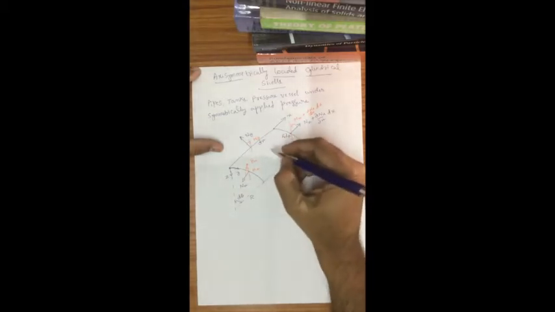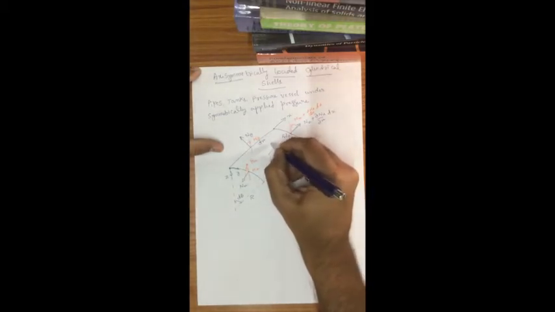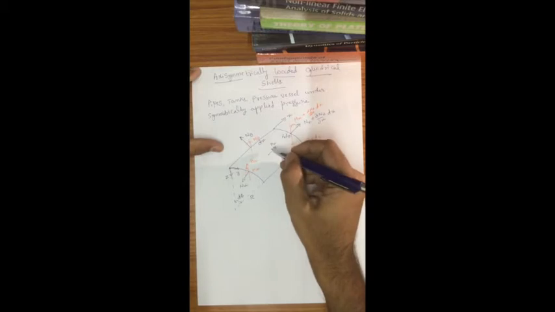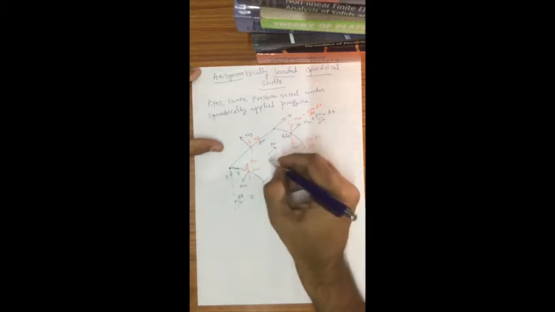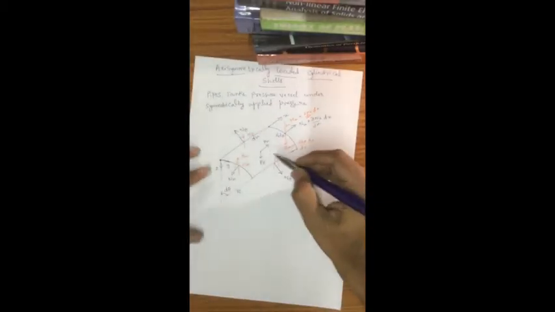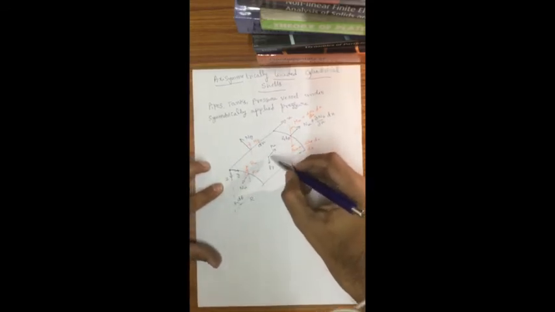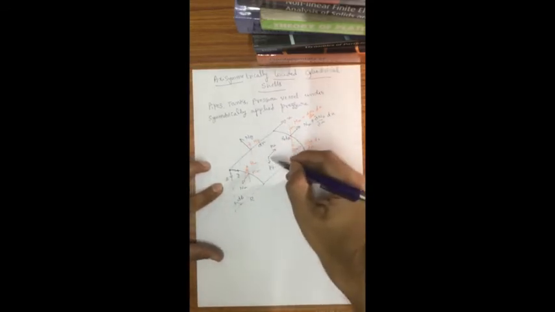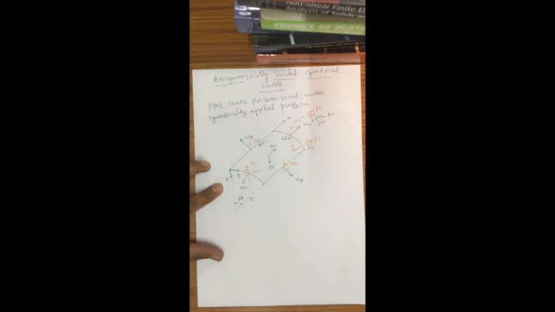Now let us assume that we have some pressure applied along the x direction, Px, and in the radial direction we have PR. Px and PR are the pressures applied along the x direction and along the radial direction r. So this is the free body diagram of the cylindrical shell.